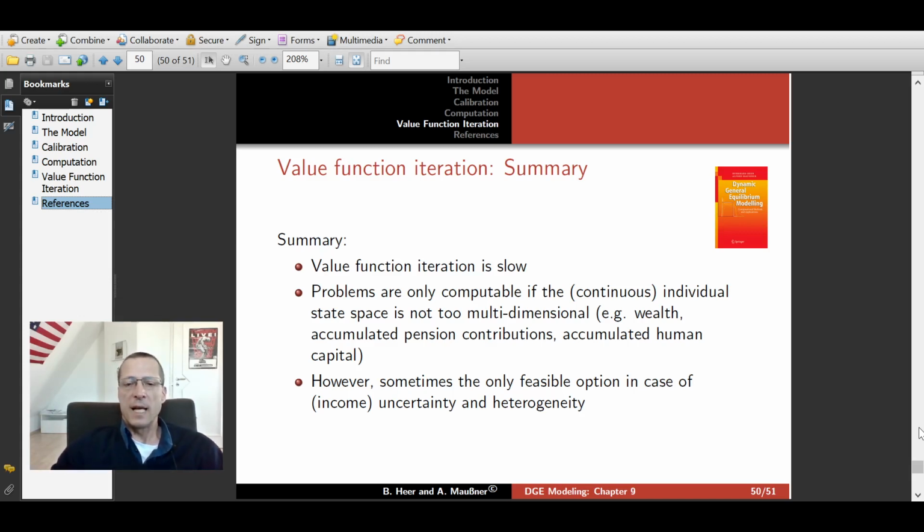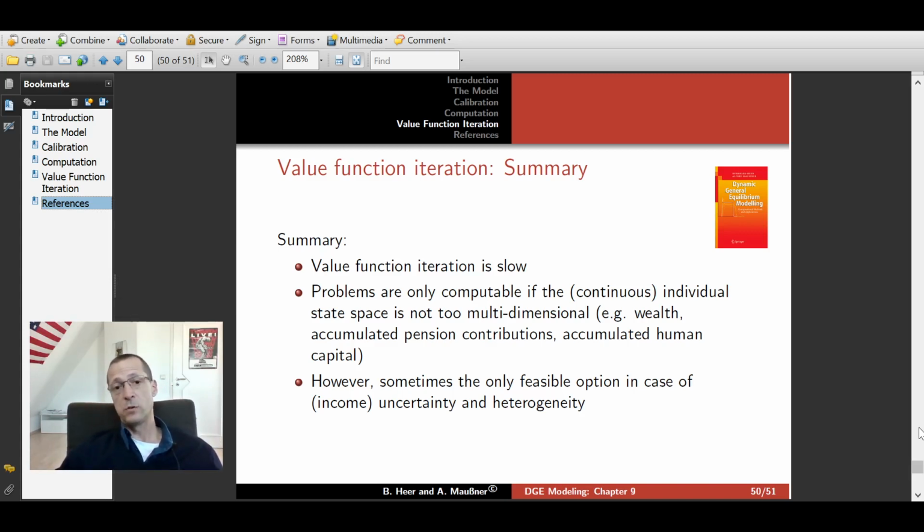But sometimes you can't help it, and you have to use value function iteration when the number of heterogeneous agents in our model becomes too high. If we have, for example, income uncertainty, or so many different agents. For example, we look at family economics, people who have children, people who do not have children, people who become entrepreneurs, and different productivity levels, and of course, stochastic individual productivity levels.